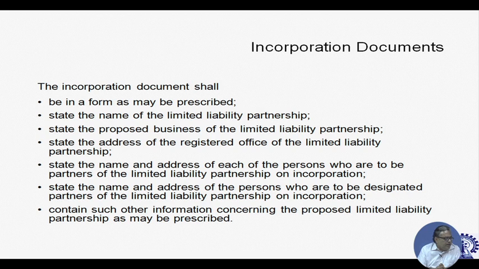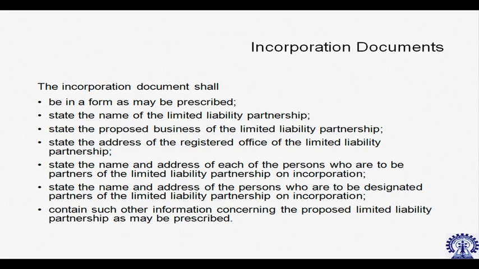Then you need to state the name of the limited liability partnership, and there is a certain formality to do that. I will also deal with that in my next lecture. You need to state the purpose of the business, or the proposed business of a limited liability partnership.